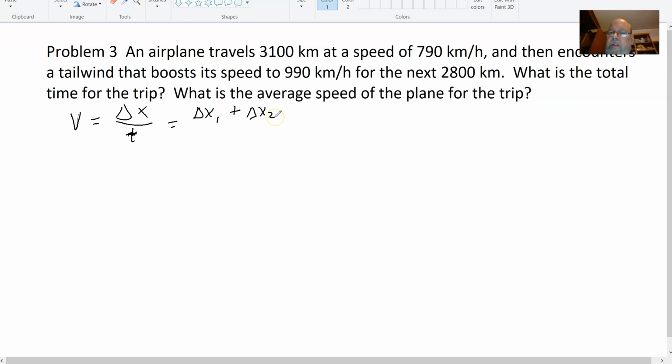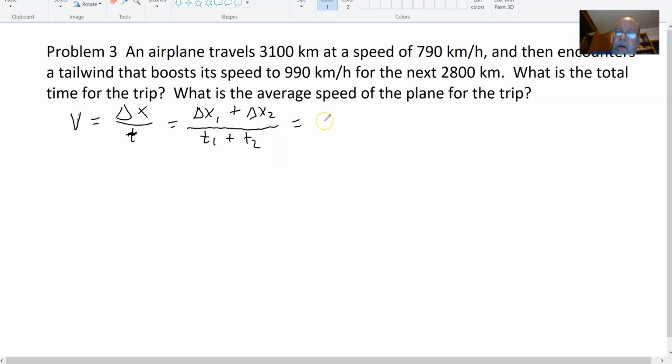In order to find the average speed for the whole trip, we need to know the total displacement, right? And the total displacement will be the sum of each individual displacement. Then we need to divide that by the time of the whole trip, right? We need the time for the whole trip, and so that's going to be t1 plus t2.